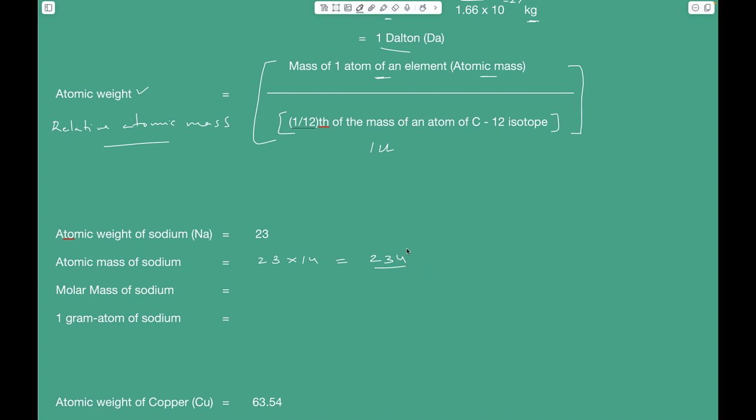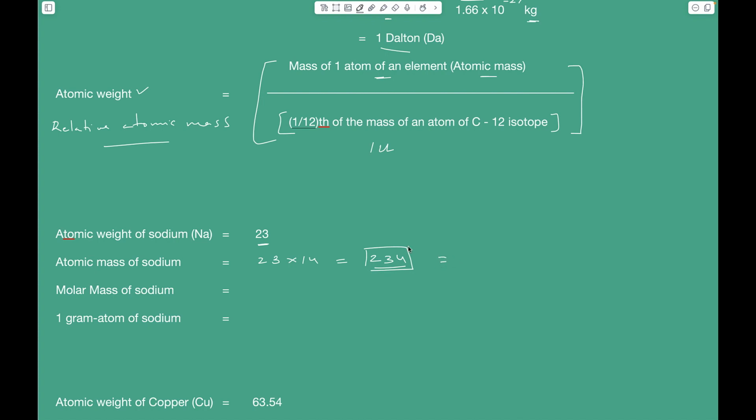Remember, here u is a unit of mass, so this represents the physical quantity mass. Whereas atomic weight has no units, it is just a number, so it does not represent the physical quantity mass. So notice the difference between these two.